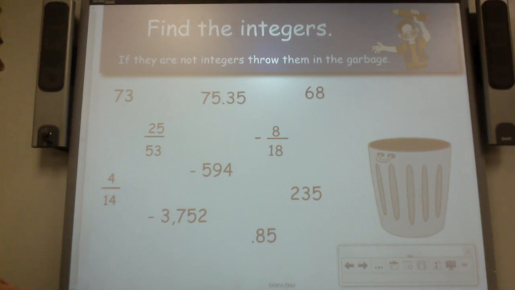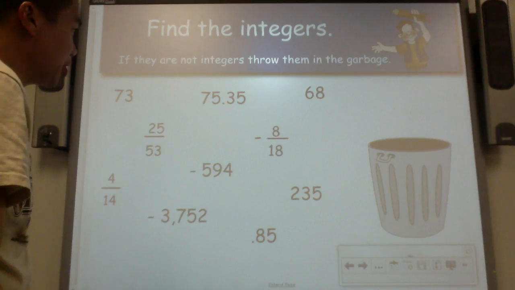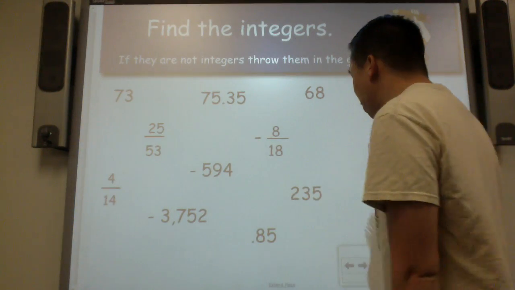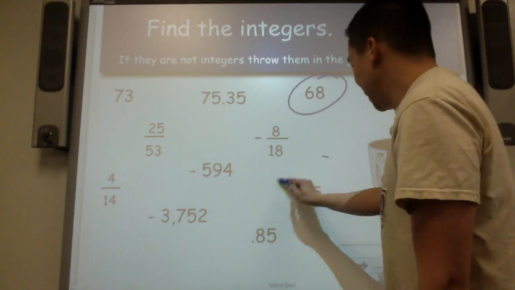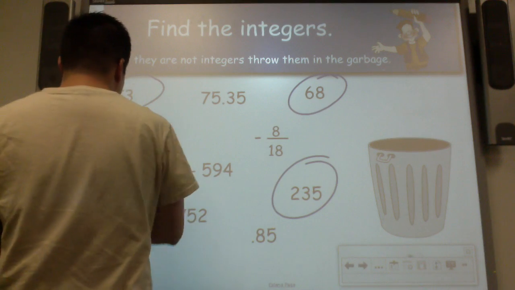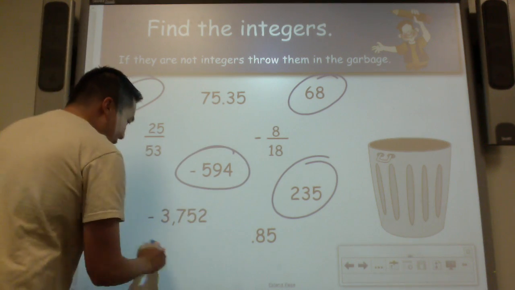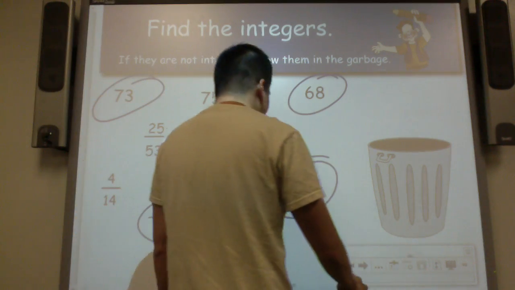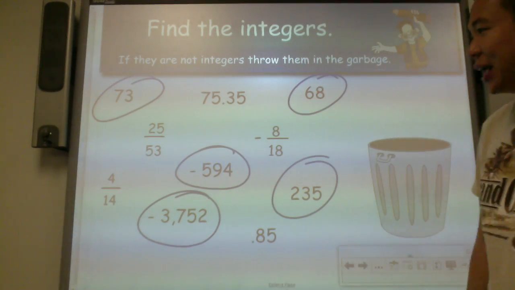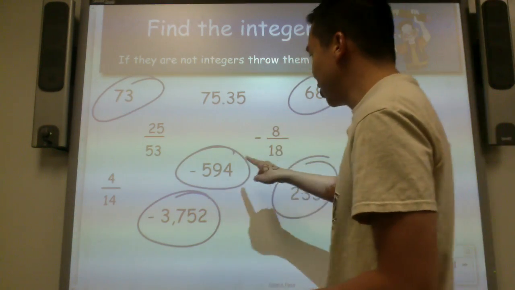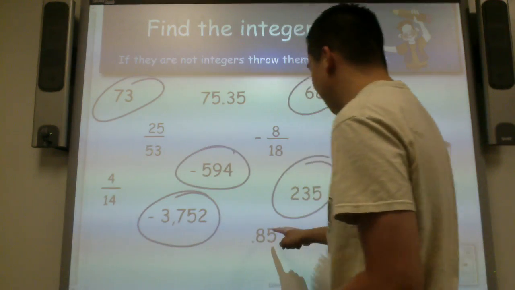So quickly looking here, find the integers. Integers are positive whole numbers or negative whole numbers. Integer, integer, integer. Negative whole number, negative whole number. Those 5 represent positive or negative whole numbers. Fraction, fraction, fraction, decimal, decimal.